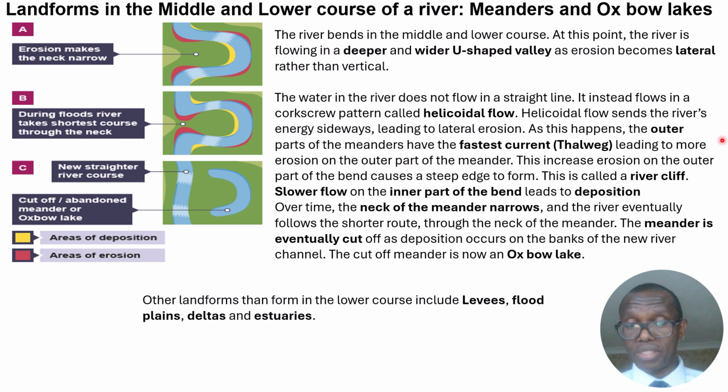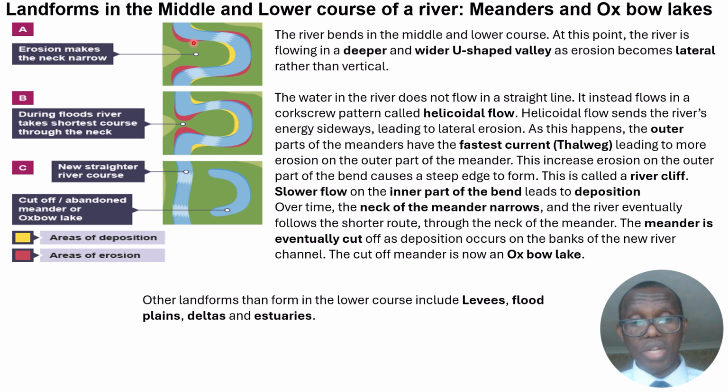Now, as that river water reaches the bends of the river, it's going to cause the outer parts of those meanders, as they are called, the bends in the river, to be eroded faster, because that is where you'll have the fastest current, or what is normally referred to as a thalweg. That is going to erode the outer parts, like you can see, this particular bit here that is in red, that will be eroded faster.